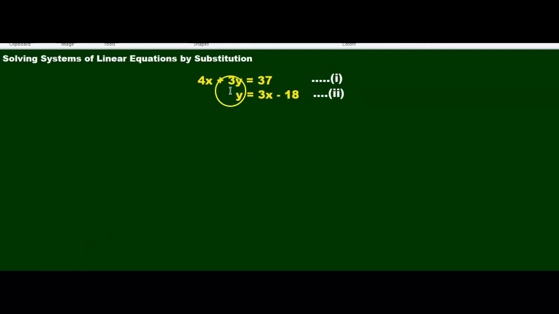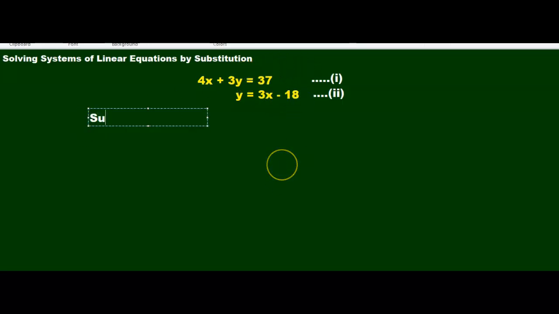So here you can see our second equation is in the form of y equals our expression. Now, it's easier for us to use substitution because the question has already skipped a few steps for us. So what we're going to do is, because our y is equal to y in equation 1, we can substitute our y equals 3x minus 18 into equation 1.